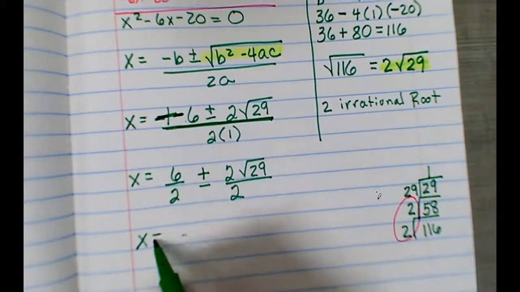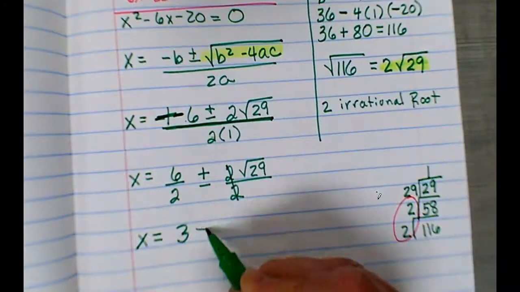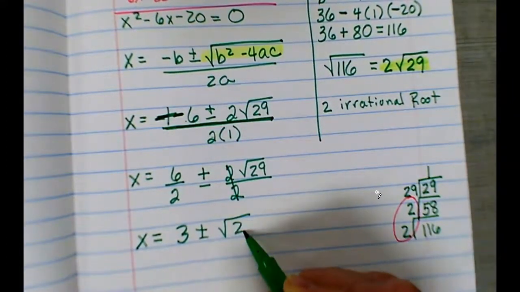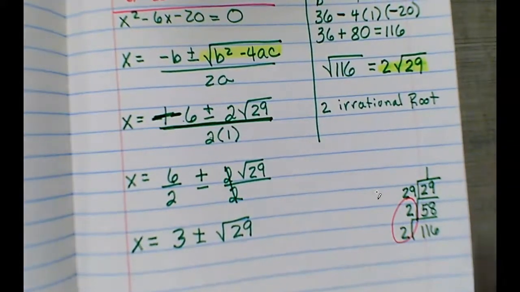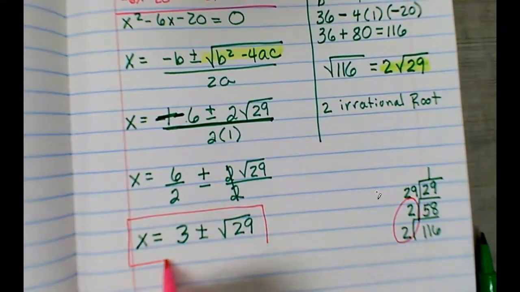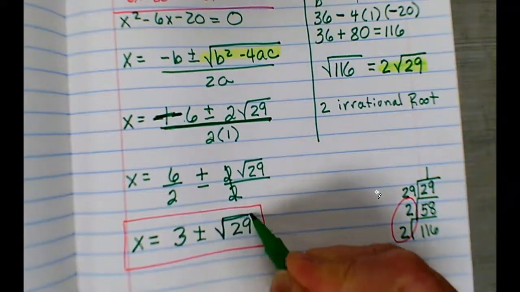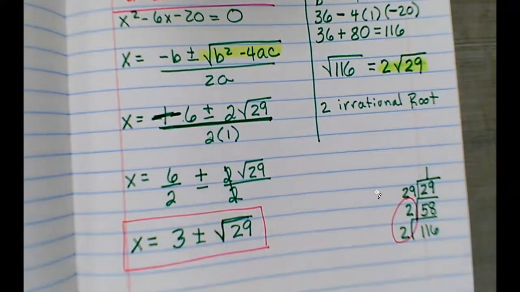What's 6 divided by 2? And then those 2's cancel. And that is our 2 irrational root answers. It's irrational because it has the square root sign.